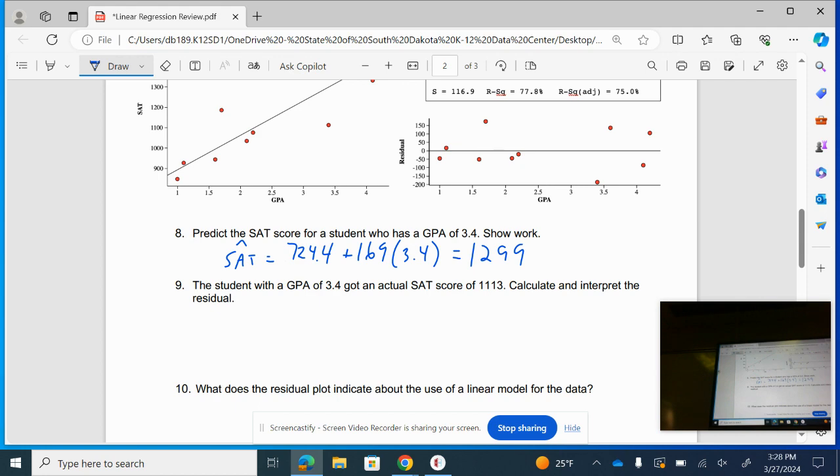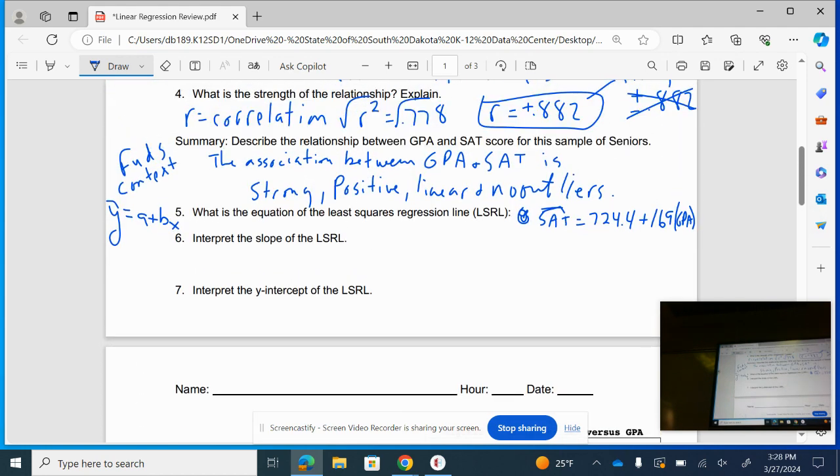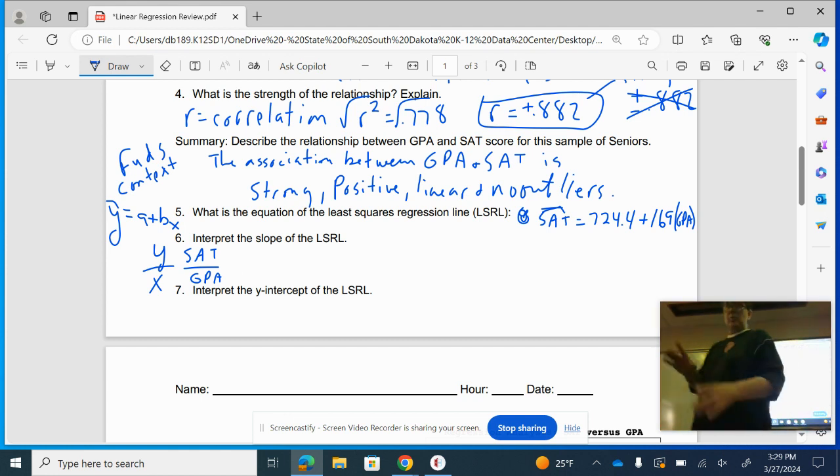Now we'll come back to that one, but we want to finish this other page. It says interpret the slope. Remember the slope. The slope is the y's over the x's. It's the rise over the run. Y is SAT and X is GPA. If you do not study this, you're not going to get it right. You got to make sure you study this stuff. It's important. Everybody, you can do this stuff.